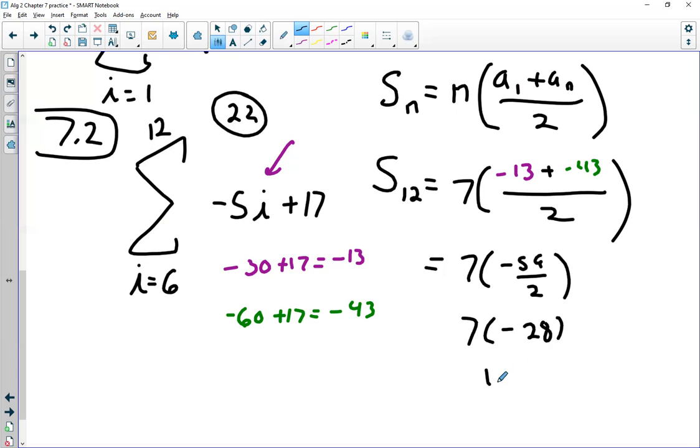Is it 196? I don't know. 196 is 14 squared. Oh wait, that's true. Half of 56 is 28. Yeah, it is 196. Negative 196, my fault. It's 14 times 14, which is negative 1.